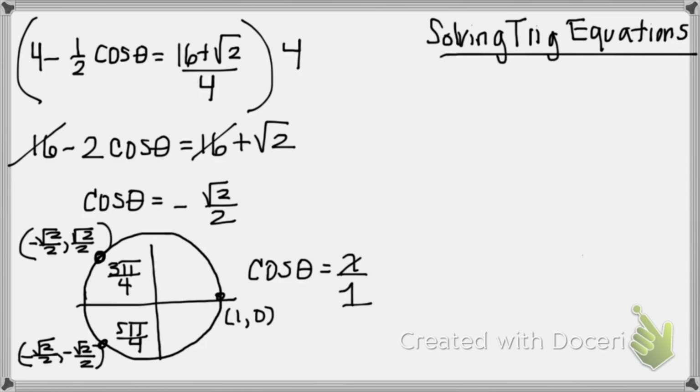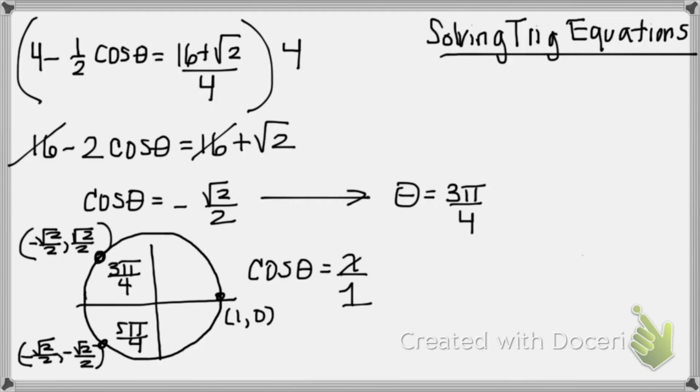So I'm not going into too much detail about how to find those. You need to go back and review your unit circle if you're not seeing how I'm getting to those so quickly. With that said, I now know that theta is equal to 3 pi over 4.